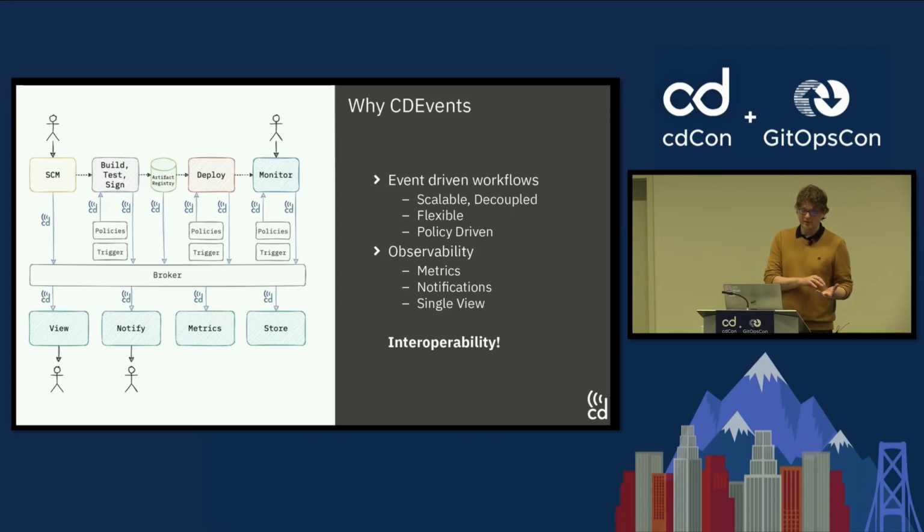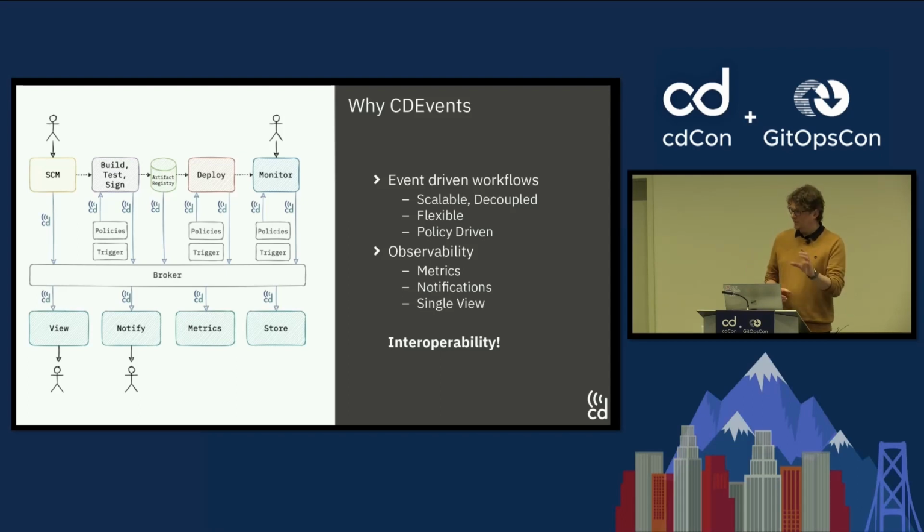Consider the case where you have certain logic built to calculate metrics, to visualize your pipeline, or to take decisions based on certain information, and this information is coming from a certain tool that you're using for building. Now, if another team comes in that uses a different tool for building, but the tool generates events that speak the same language as the other tool, you don't need to change anything else in your system around it.